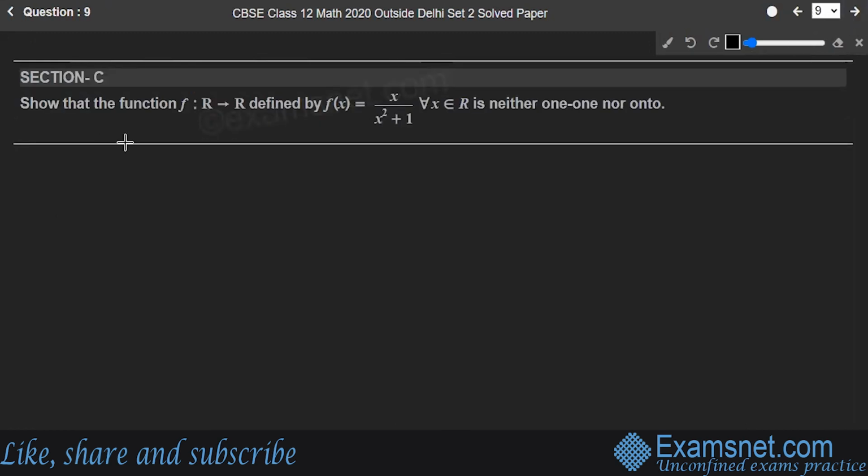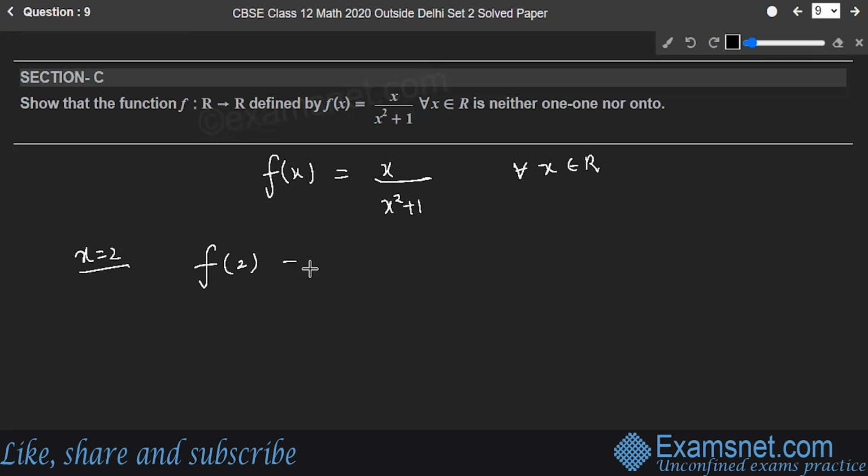You have to show that the function f from real to real numbers defined by f(x) is equal to x upon x square plus 1 for all x belonging to the real numbers is neither 1 to 1 nor onto. Fine. Okay. See, if I'm taking this function for, let's say, x is equal to 2, f(2) will be equal to 2 upon 2 square plus 1, which is equal to 2 upon 5.